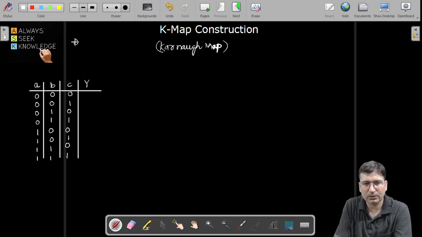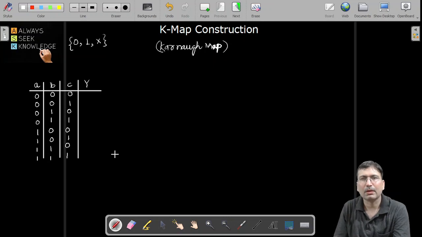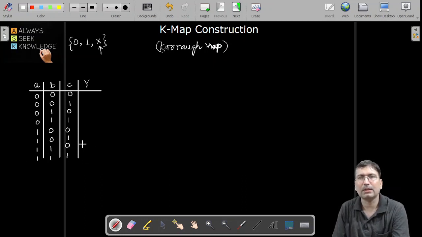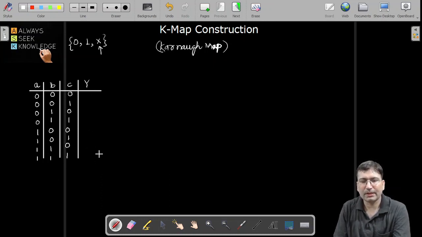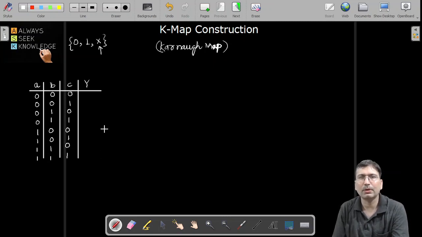So we can fill 0, or we can fill 1, or we can fill don't care, like X. What is don't care? The don't care situation is if any of the combination does not affect the ultimate behavior of the function, that position we can set as don't care. Later on we will see this when we solve the problems on K-map.